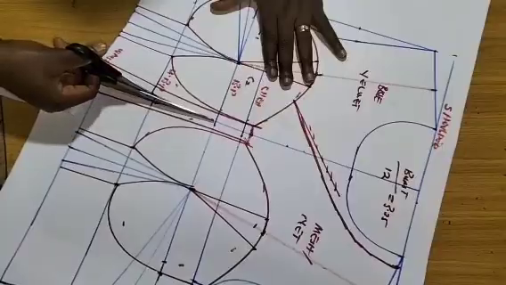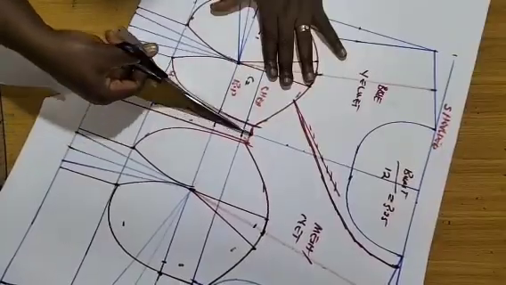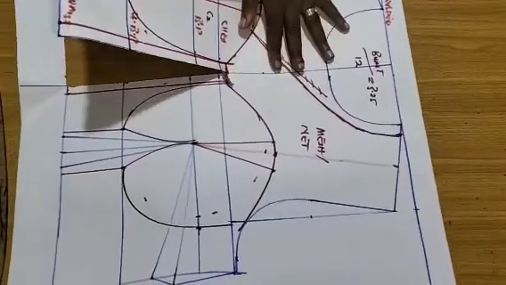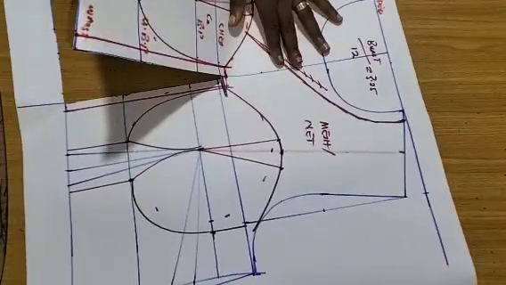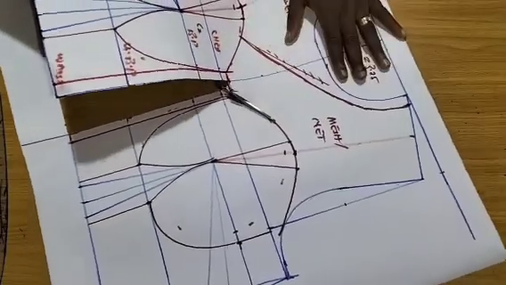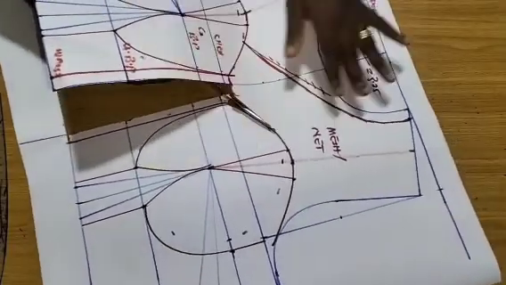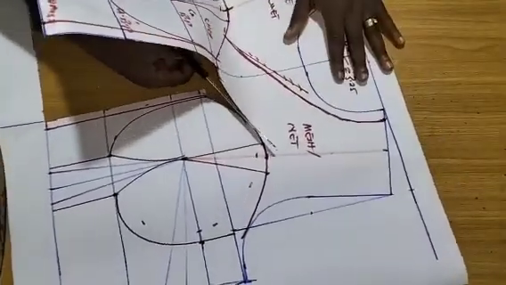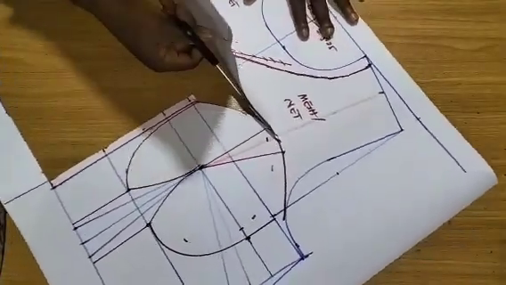Can you see? Once I get here, I'll just collect what I have on the neckline. It's only the neckline that is asymmetric. So I will just go this way. Okay, because this and this are the same. So I will discard this and work only with this on my fabric.